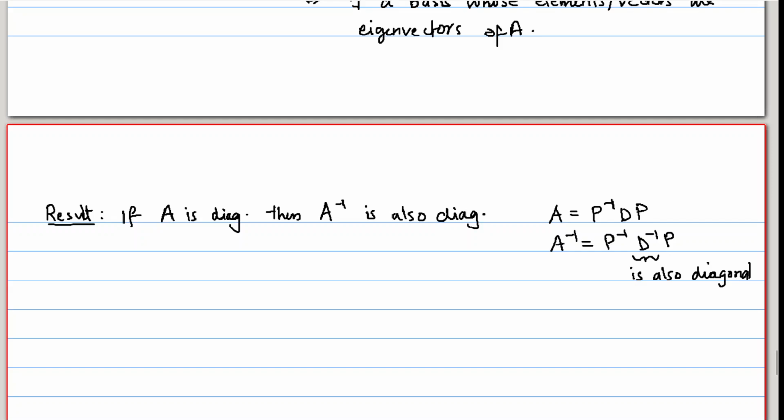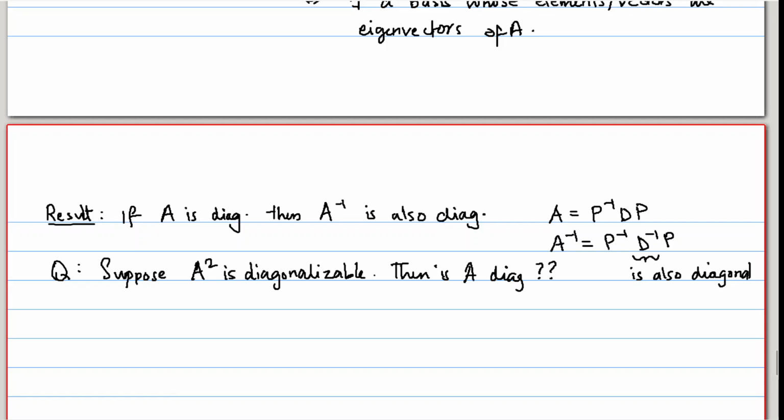Let's look at another result. This is a question. Suppose A square is diagonalizable. Then is A diagonalizable? That is a question.